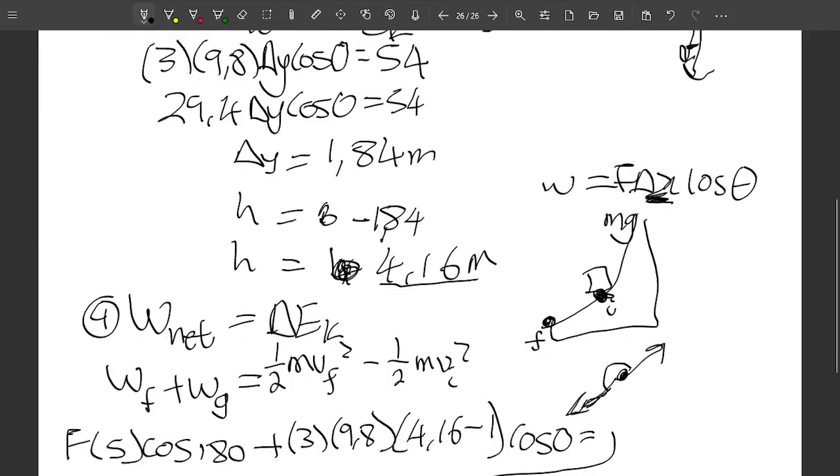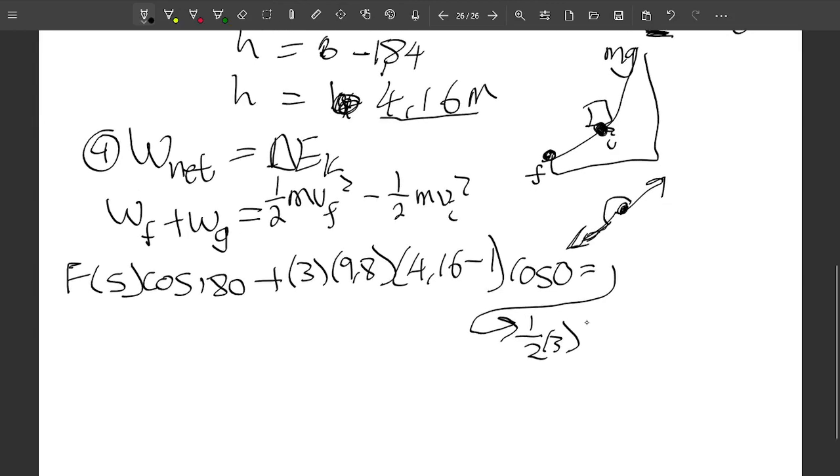Our final velocity is 2 meters per second, and we still need to remember to square that, minus a half. Then mass, it's still 3, and the initial velocity, remember at point B it was 6, and we square it. Notice how the only unknown in that case is our friction here.